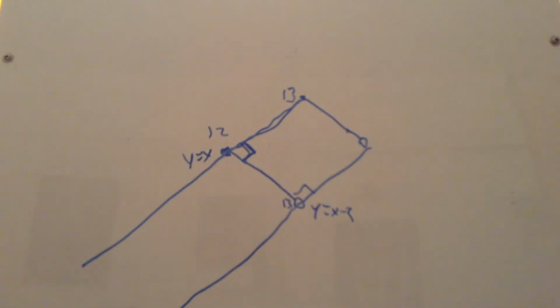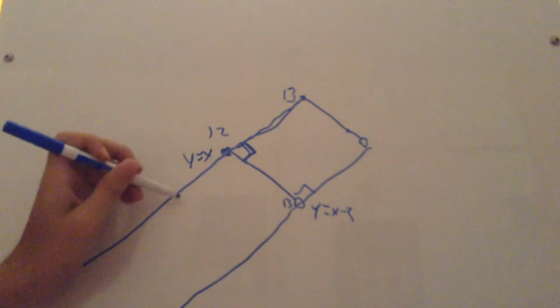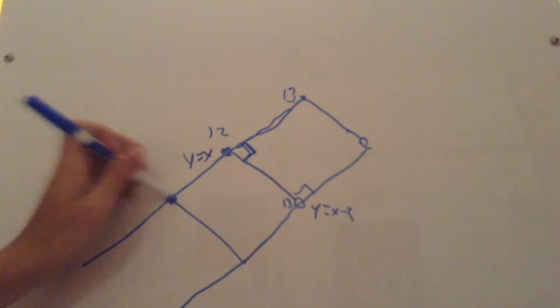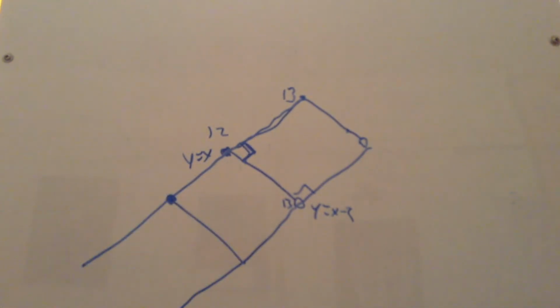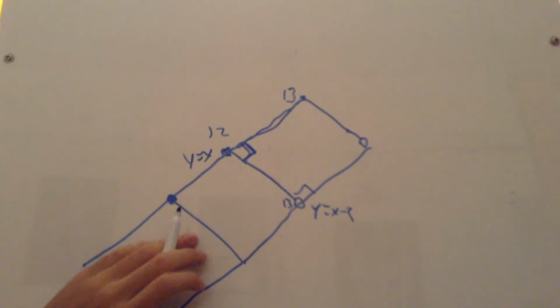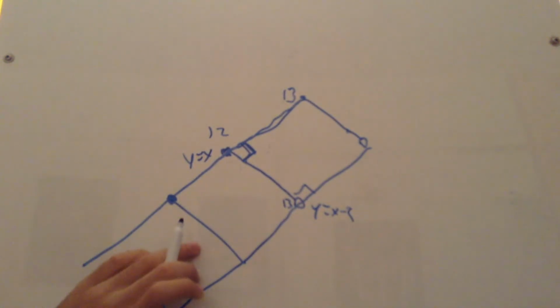So, now we need to start working with the rhombus and figure out how we're going to fit it in. I'm going to draw another line here. For this rhombus, we need to decide what property we're going to look at.